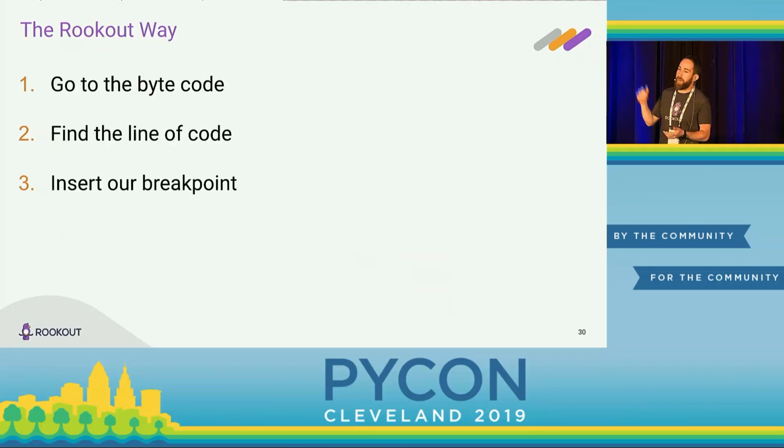So Rookout is taking a different approach. Rookout goes back to the bytecode that we've seen. We find the specific instruction that maps to the line of code using the debug information, and we insert our breakpoint. We literally just insert a call instruction into the bytecode, so the interpreter doesn't really care about Rookout.